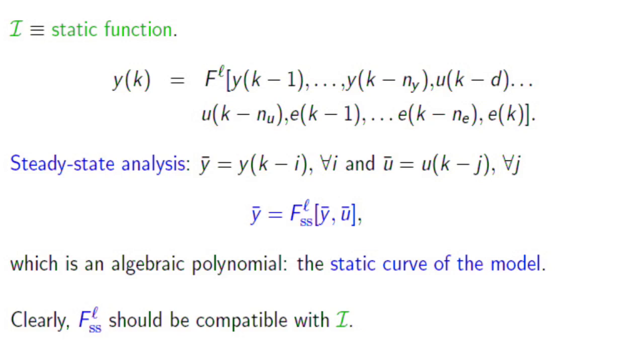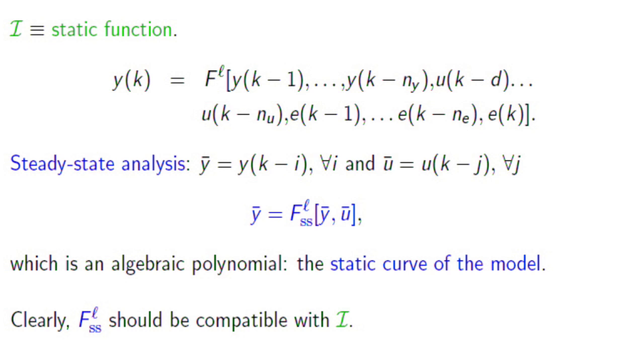In steady state analysis, of course, this assumes that the system is asymptotically stable in steady state. It means that if I fix the input, eventually the output will also be constant. Now, if input and output are constants, I can say that all the input measurements, regardless of the lag, are constant and equal to u bar.